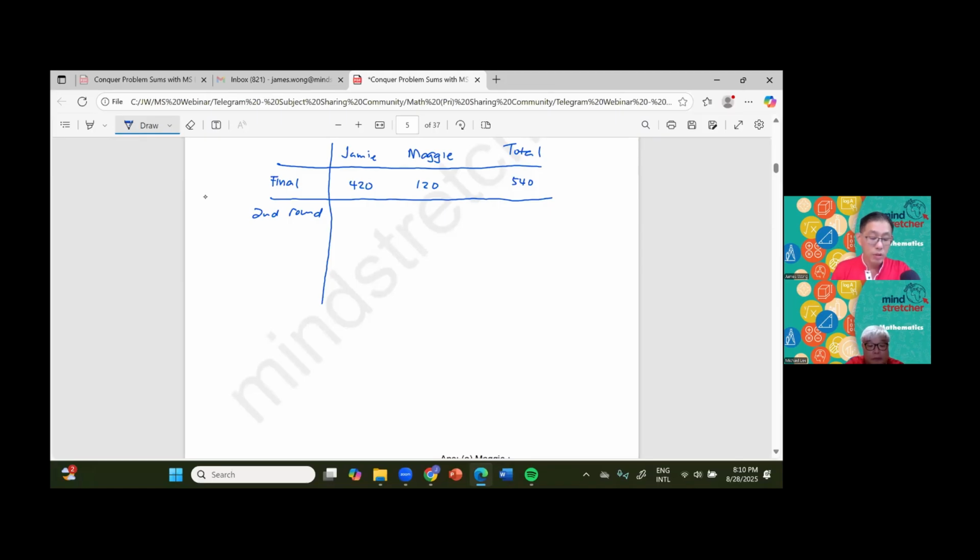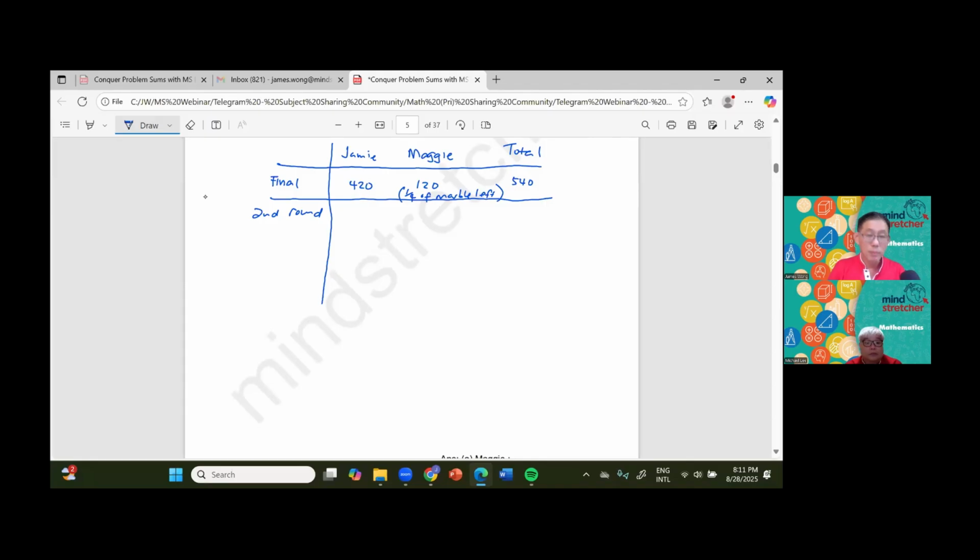We must recognize that this 120 actually represents 1/4 of the marble left. So this one is representing the 1/4 of the marble left.